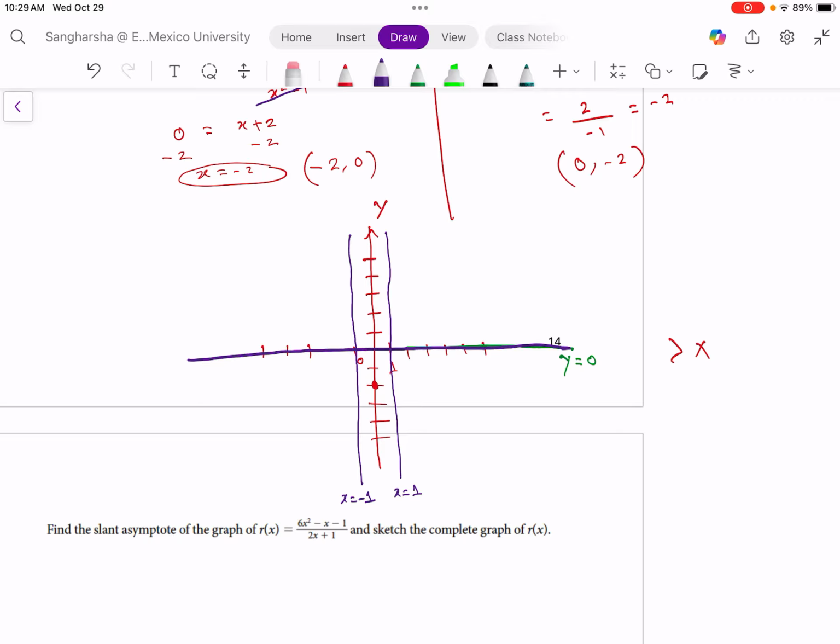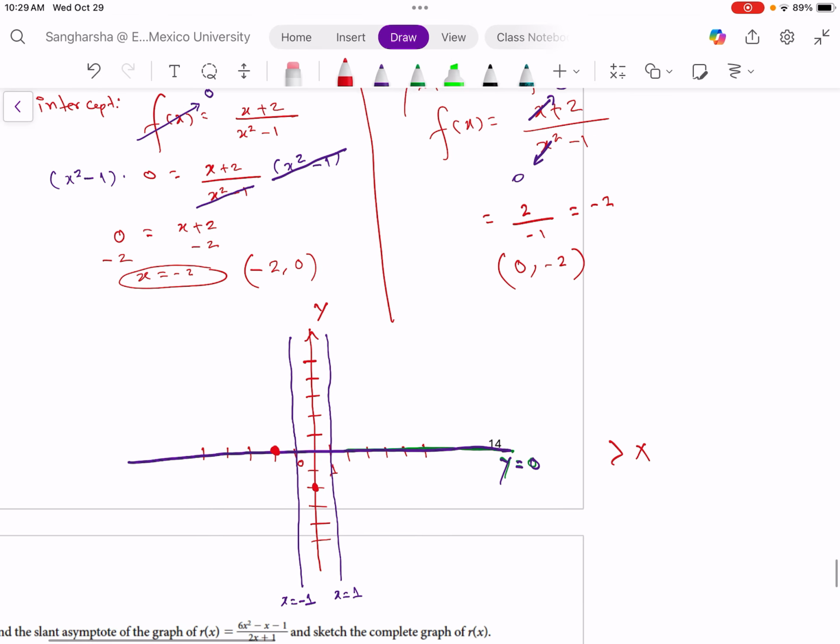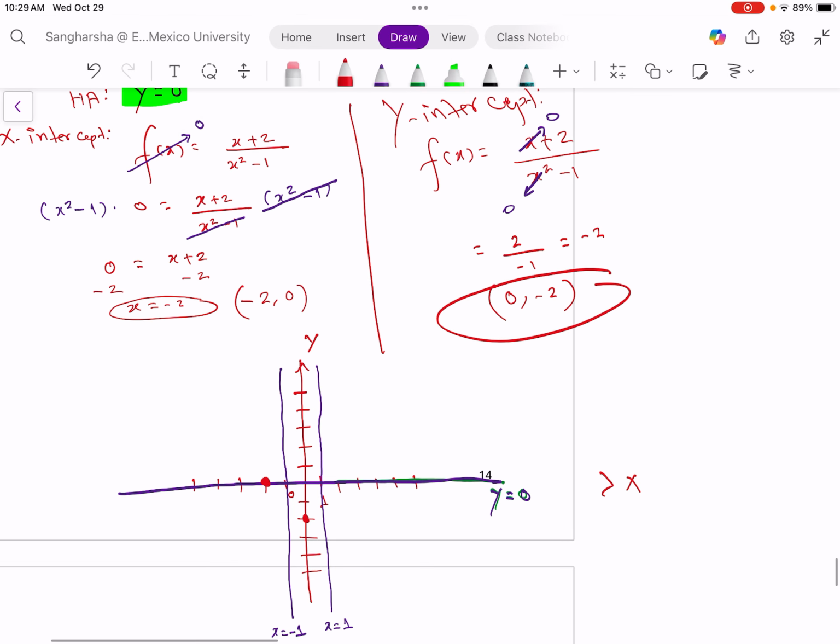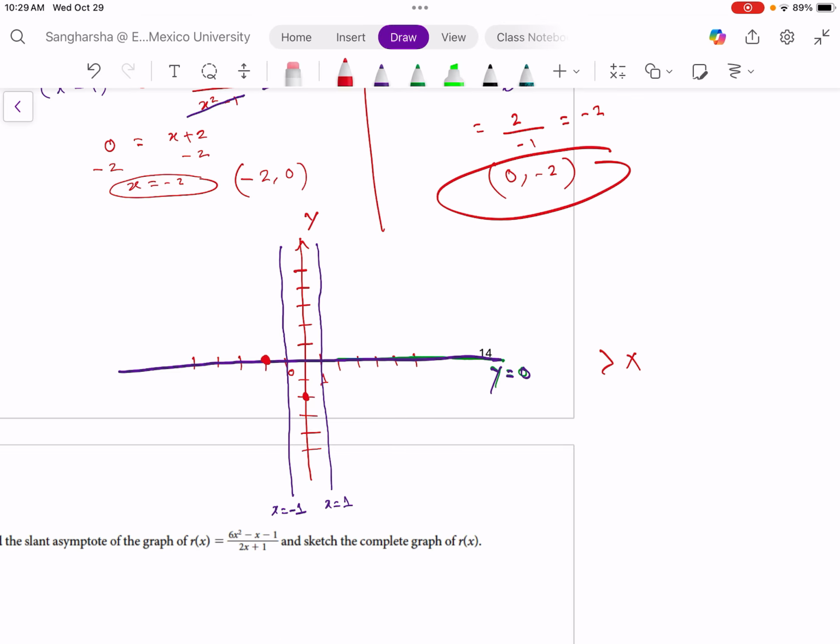So this is our x-intercept, negative 2, 0. Now what about the y-intercept? The y-intercept is (0, negative 2), so this is our y-intercept. Any questions up to here? Drawing vertical asymptotes, horizontal asymptote, x-intercept, y-intercept.